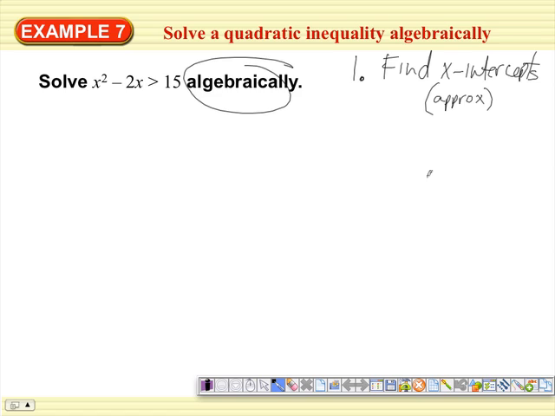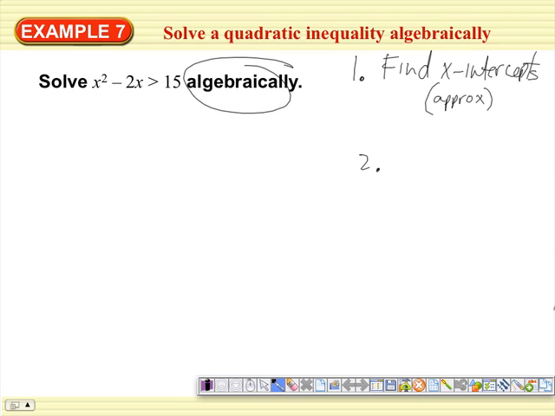Use your calculator. That's the easiest way. Or if you want to use quadratic formula, that's fine too. It takes longer, but no problem. So go ahead and do that. You start it off. Find your critical values right now.